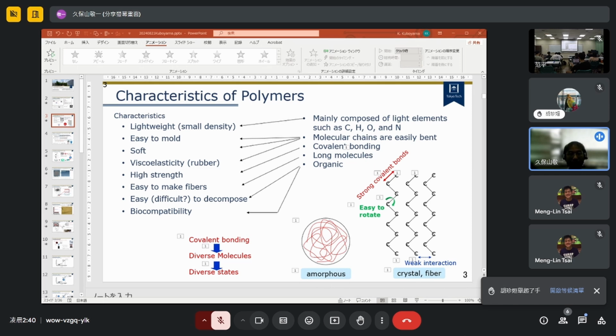In the bulk state, you cannot see the molecular chain. So I extracted only a single molecule from this bulk structure. Let me show the movement of this one.